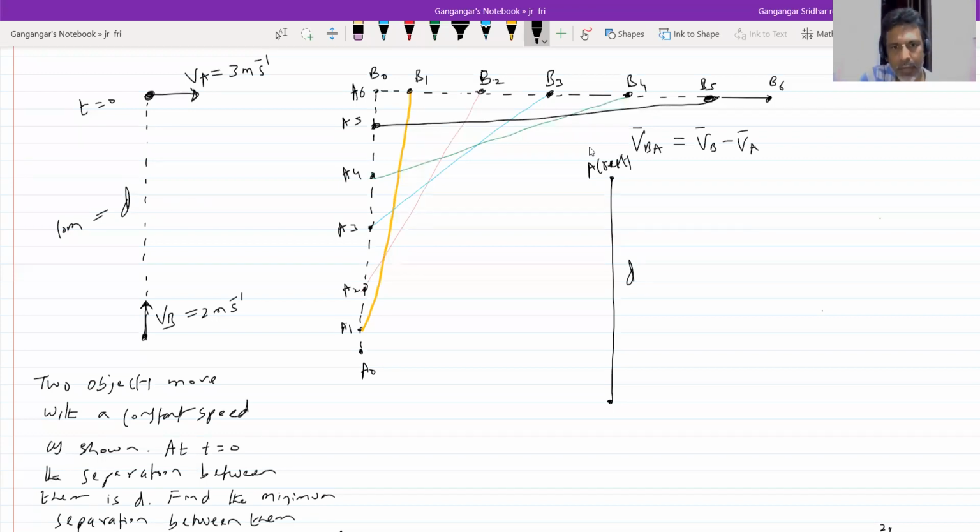VA bar is like this, VB is like this. VBA bar is VB minus VA bar. So if you take the vector diagram, this will be VB, this will be minus VA. The resultant vector will come somewhere here.